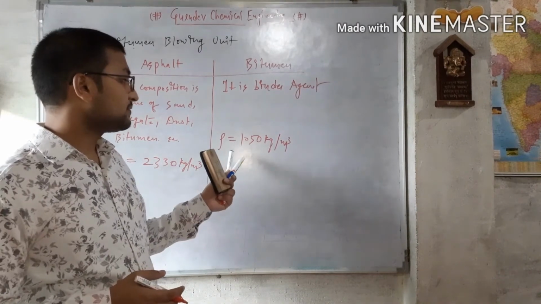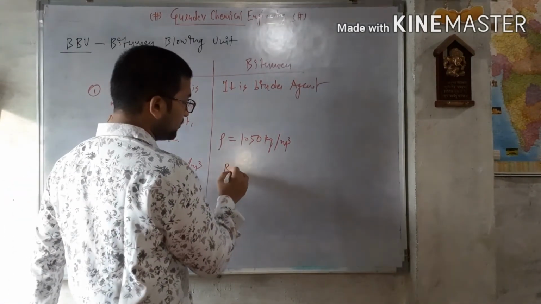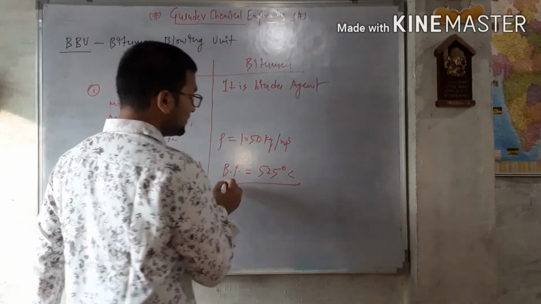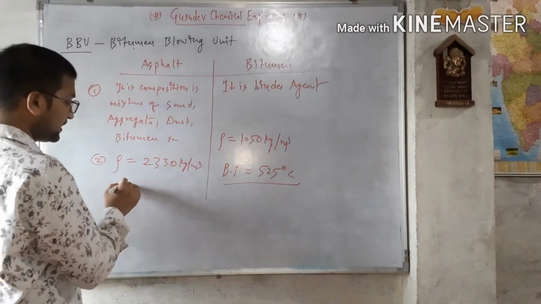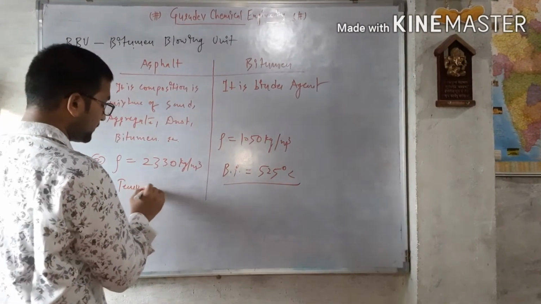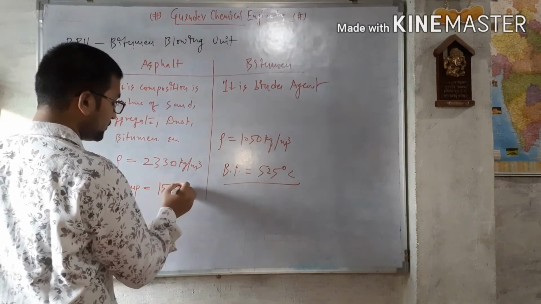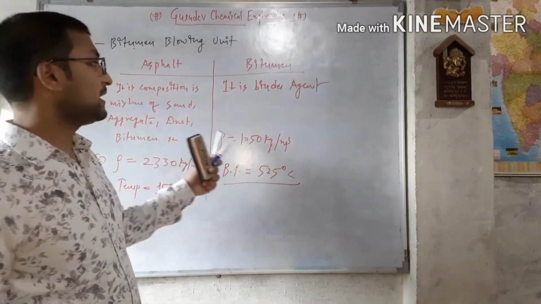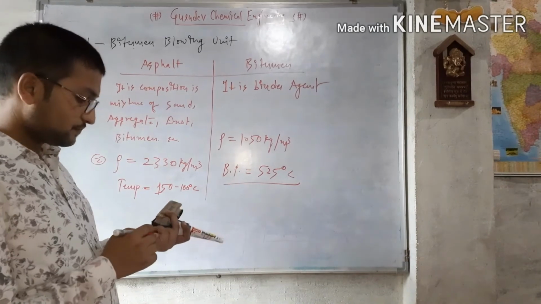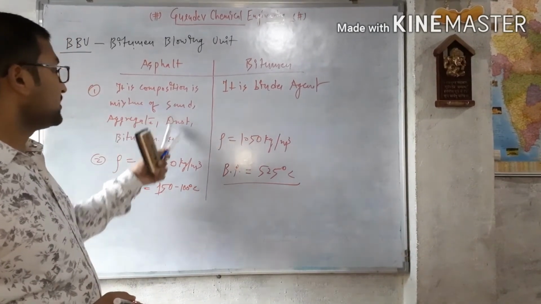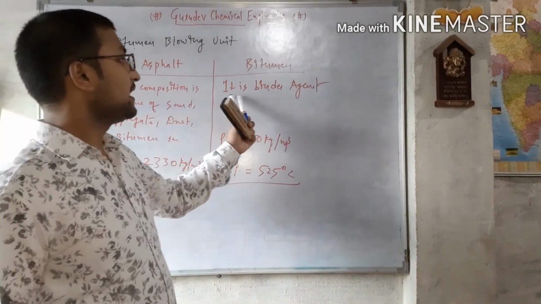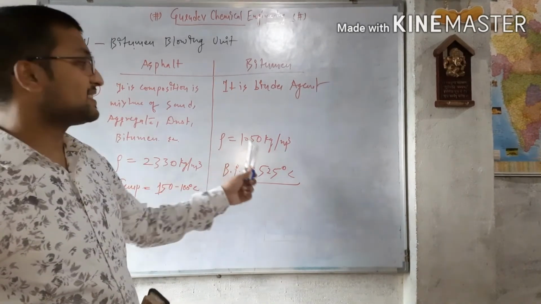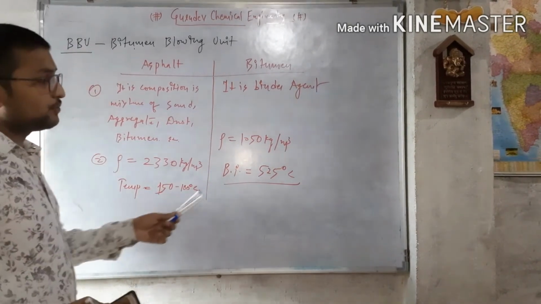Its boiling point is 525 degree Celsius, and it is used at a temperature of about 150 to 180 degree Celsius. So there is a difference between bitumen and asphalt. Asphalt contains these types of material and is lighter compared to bitumen. Its density is less, and its boiling point is high.